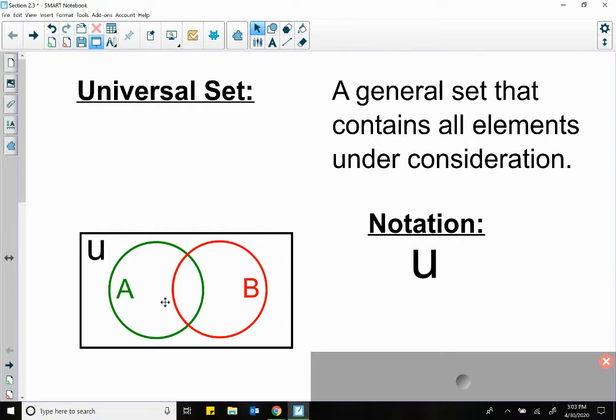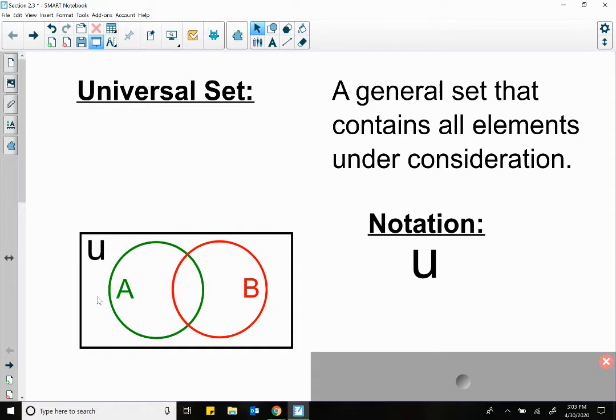That universal set could be, say, all Valencia College students. So that would be our universe. Inside here, we've got these other sets that are represented by circles: circle A, which is a set, and circle B, which is also a set, because we have those capital letters.